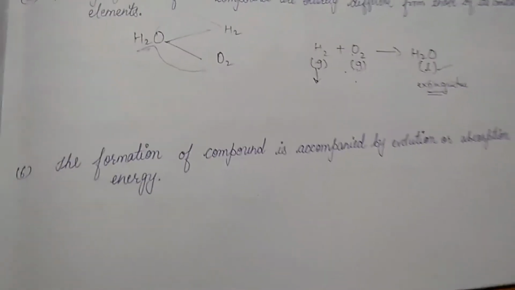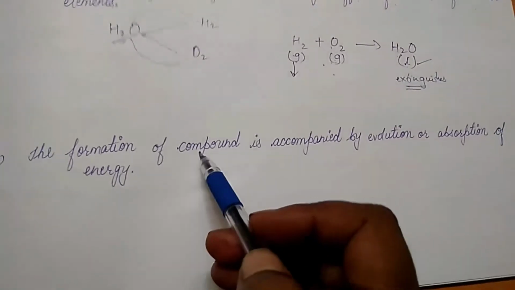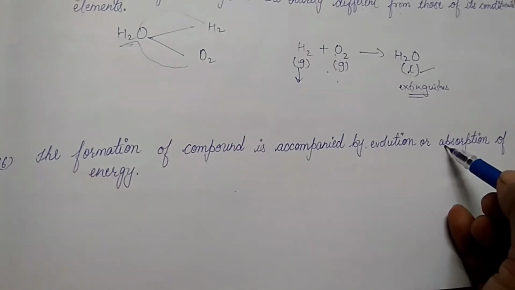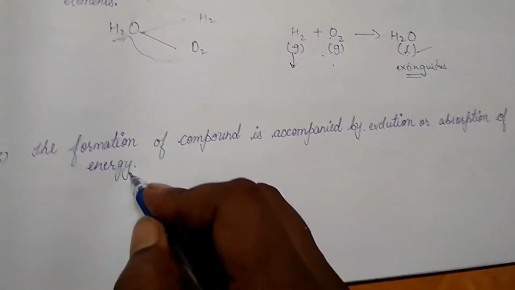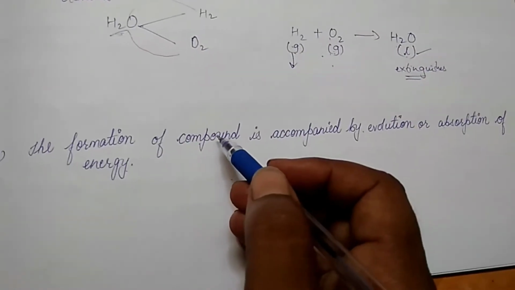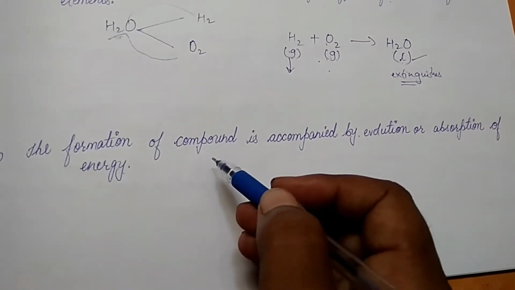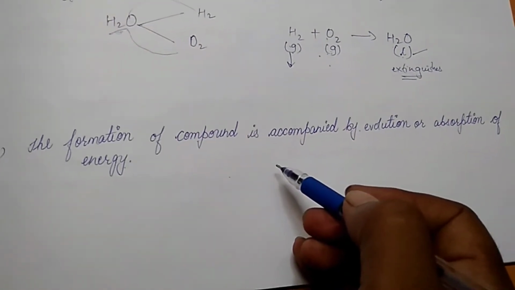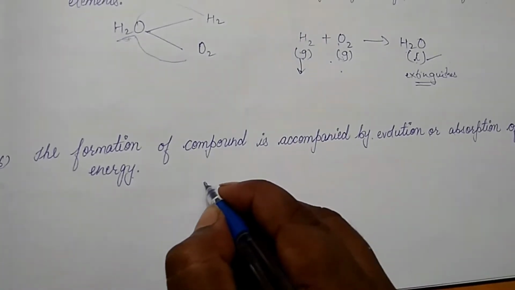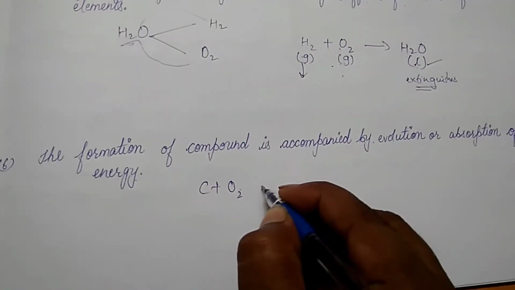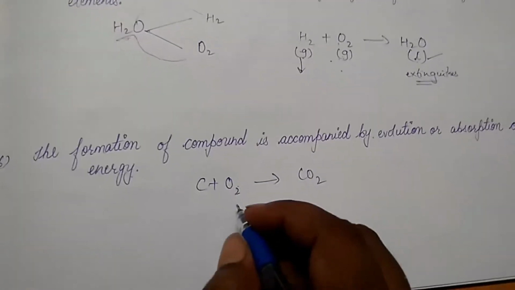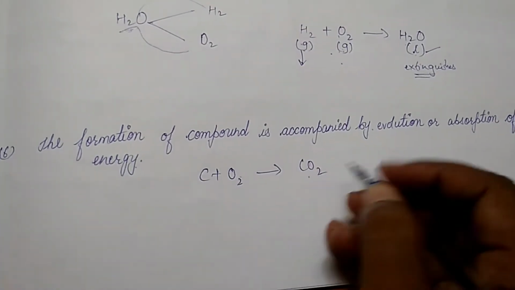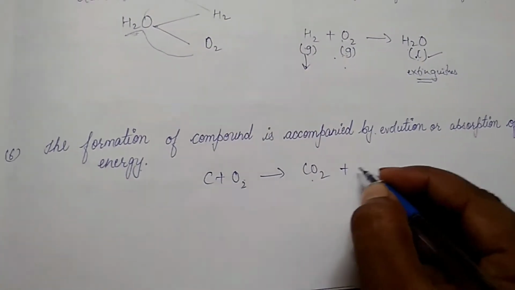Now the last property is, formation of a compound is accompanied by evolution or absorption of energy. Clear, children? It means when elements combine to form a compound, there will be liberation of energy or absorption of energy. For example, when carbon burns in the presence of oxygen, it gives carbon dioxide, and when this compound is formed, there is a large liberation of energy.